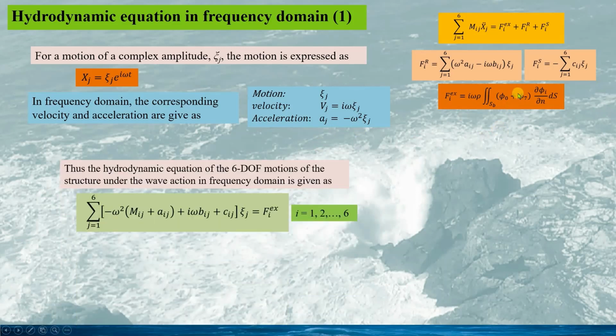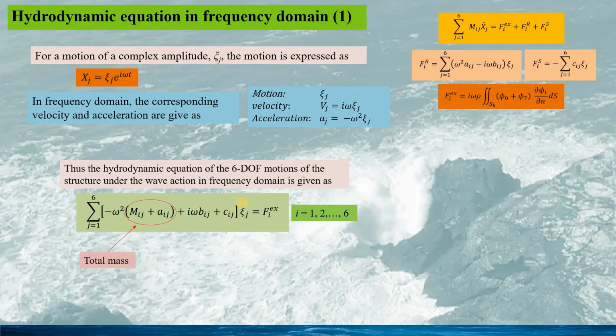So if we put all these forces and the motions together, we can have the hydrodynamic equation for the 6 degrees of freedom motion for the structure, given as this, in the form of spring, mass, and dashpot.